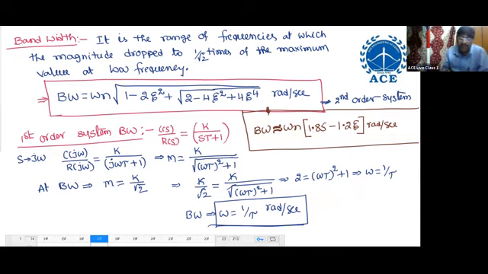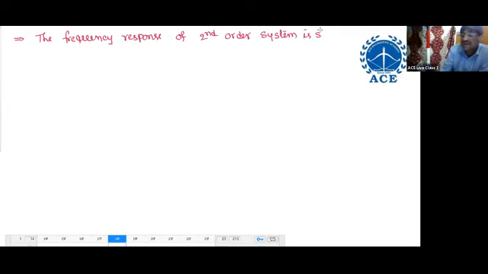Next, one problem is solved. Solve one problem. Write it. The frequency response of a second order system is shown in the figure.